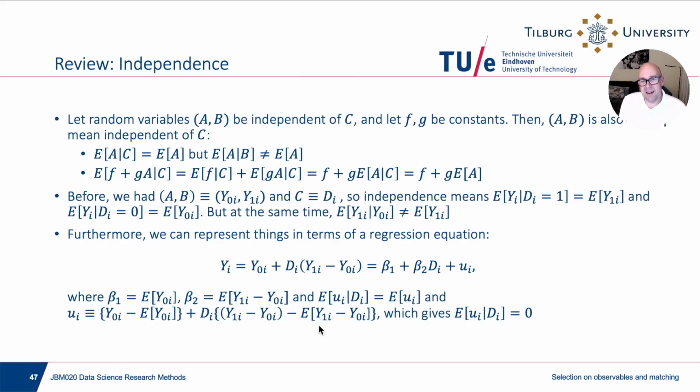So I have the deviation between the actual y1 and the expected y1. And again, under independence, the expected ui given di equal to 1 is going to be 0 as well. So what does this tell us? Well, it tells us that beta 2 is our estimate of the average treatment effect here.